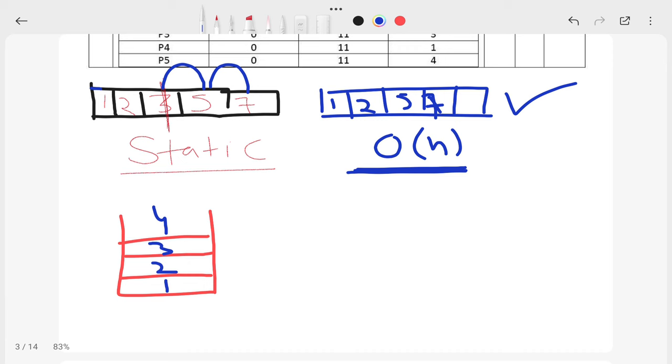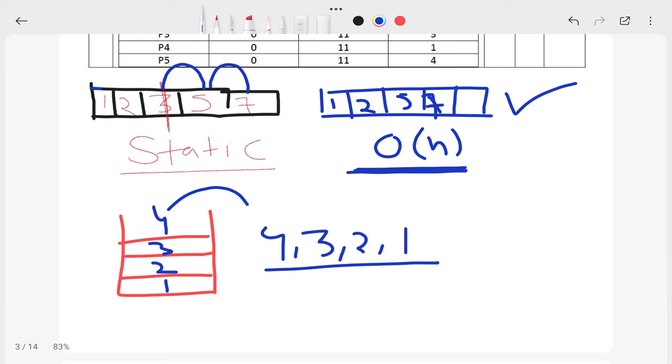If I want to pop, at first I will pop 4, then 3, then 2, then 1. So this queue and stack are based on dynamic memory allocation. Number one, you should remember, don't say static, it is dynamic memory. Now you are using the FIFO or LIFO method in queue and stack.